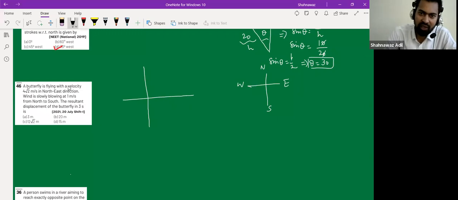A butterfly is flying with a velocity of 4√2 meter per second in northeast direction. So northeast direction will be what? This, right? So in this direction, and this is 45 degrees. Understood? So this is the butterfly.